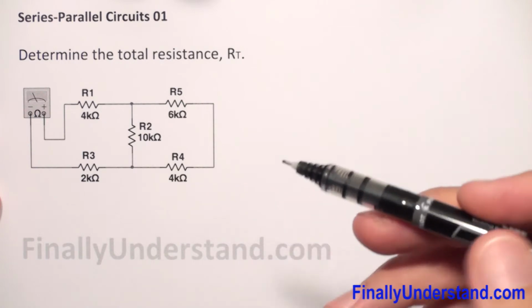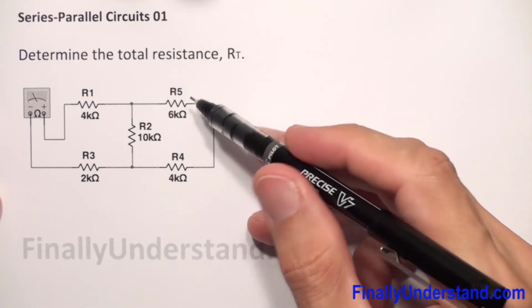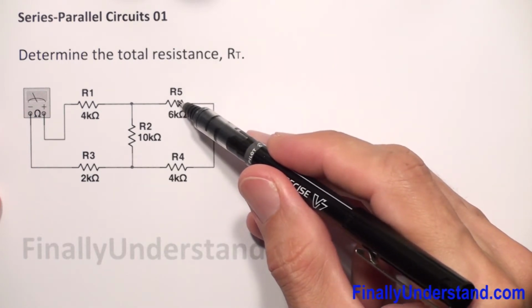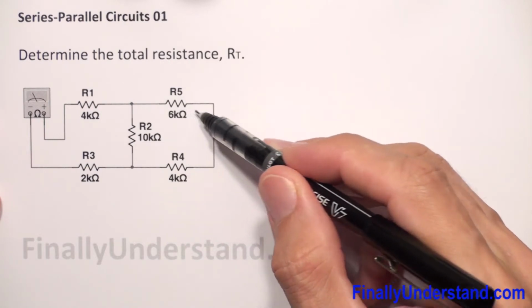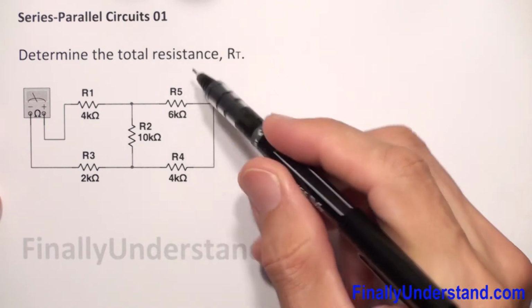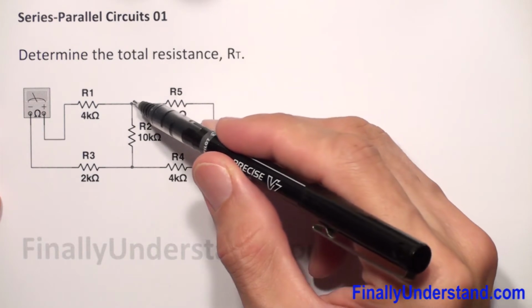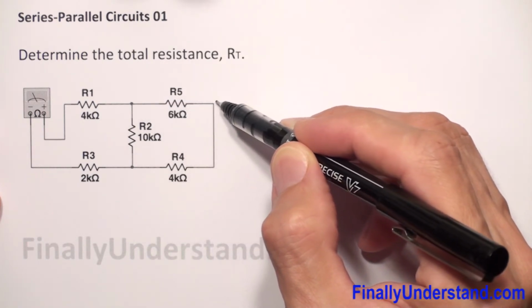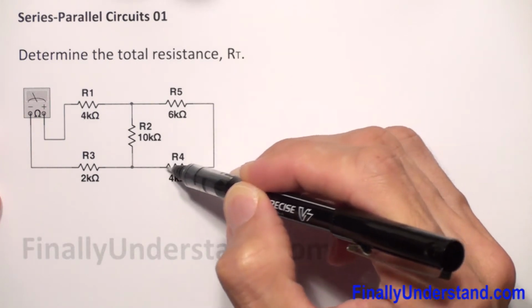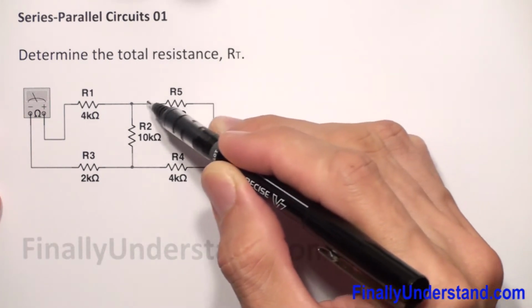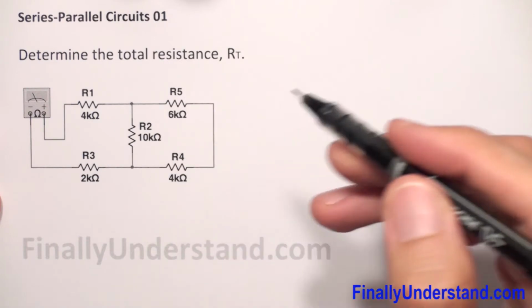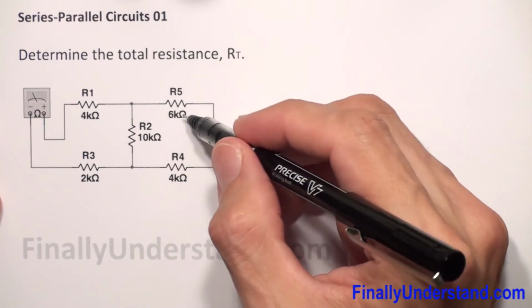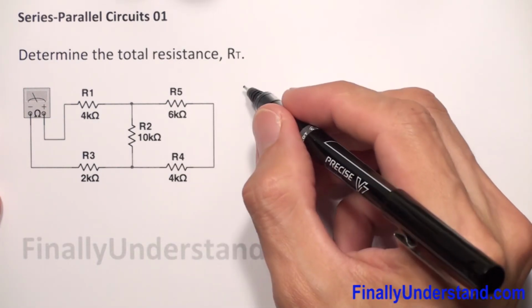Okay, so please notice that resistors R5 and R4 are in series. The current is going to flow through resistor R5 and after that will flow through resistor R4. It means these two resistors are in series. So what I'm going to do first, I'm going to find the total resistance of these two resistors.